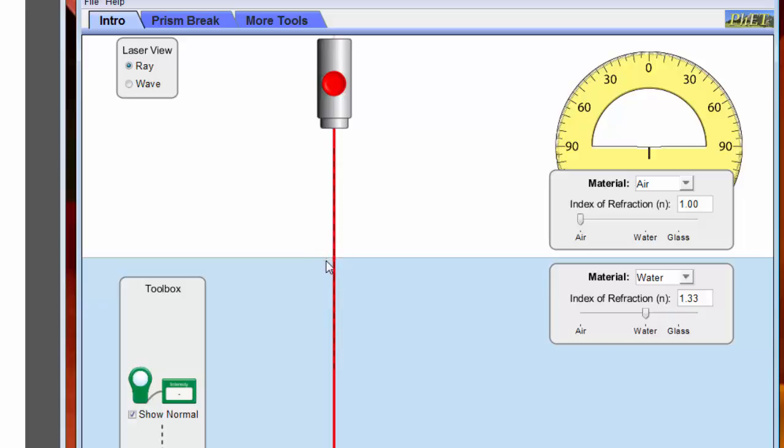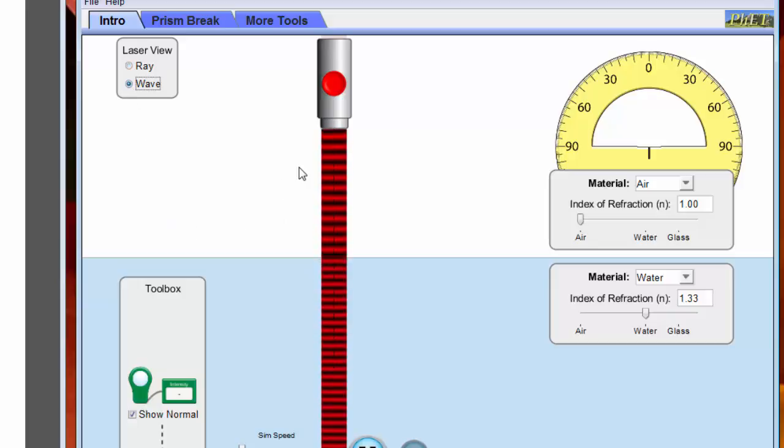And there's nothing that we can see when we have it represented as a ray, but if we look at it as a wave, we can see that as the light waves travel quickly here, when they enter the slower medium, the light waves slow down, the wave fronts move more slowly, which means that wave fronts that haven't yet entered kind of catch up with the ones that have already entered the slow medium. And that results in a shorter wavelength in the second medium. So the wavelength gets shorter as a wave moves from a fast medium into a slow medium.